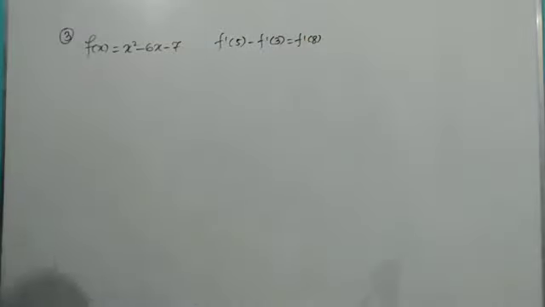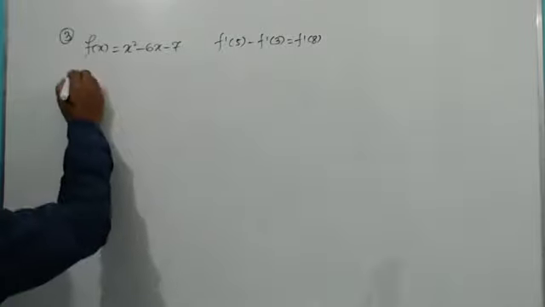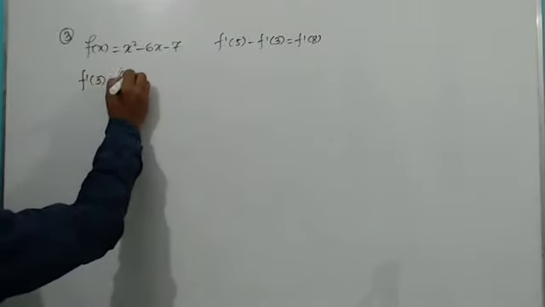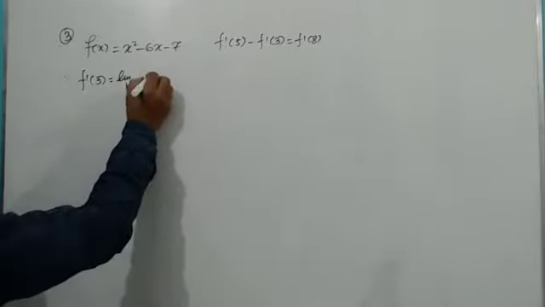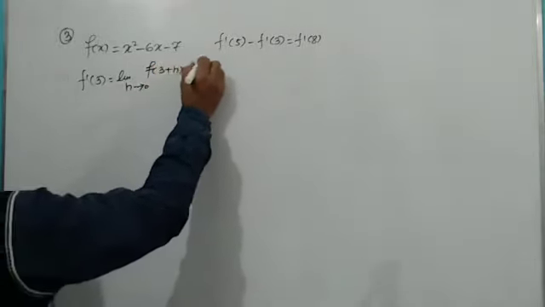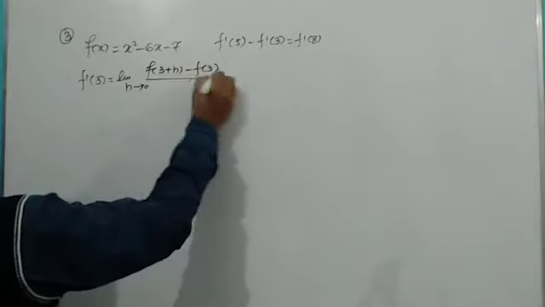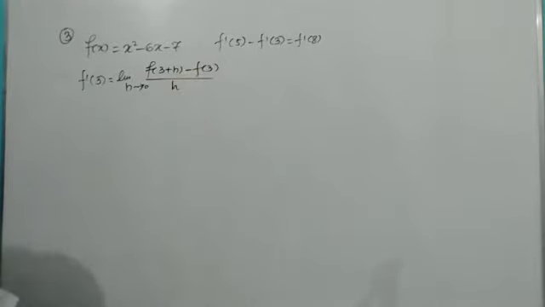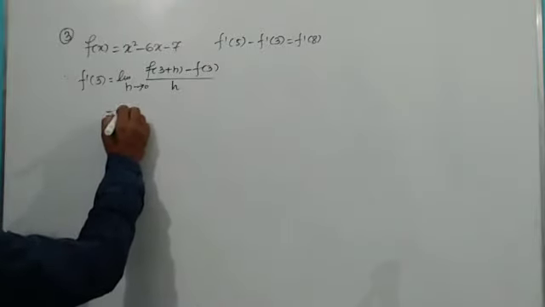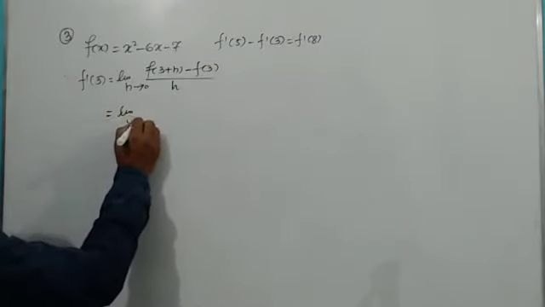What should I do? First of all, I want to find f'(3), since f'(3) is equal to limit h tends to 0 of [f(3+h) − f(3)] upon h. It can be written as limit h tends to 0.